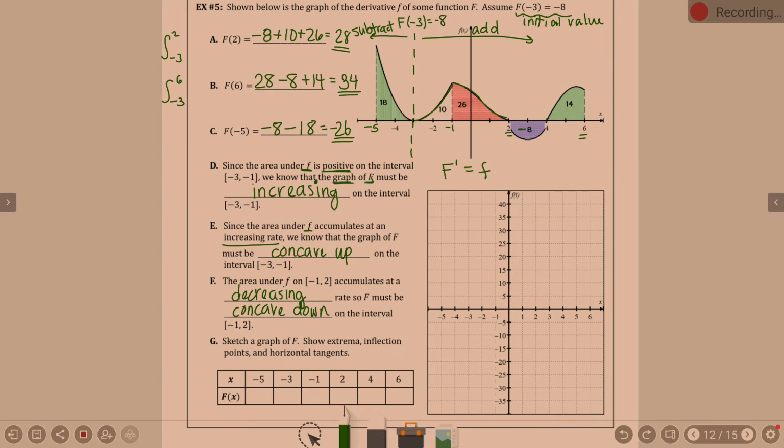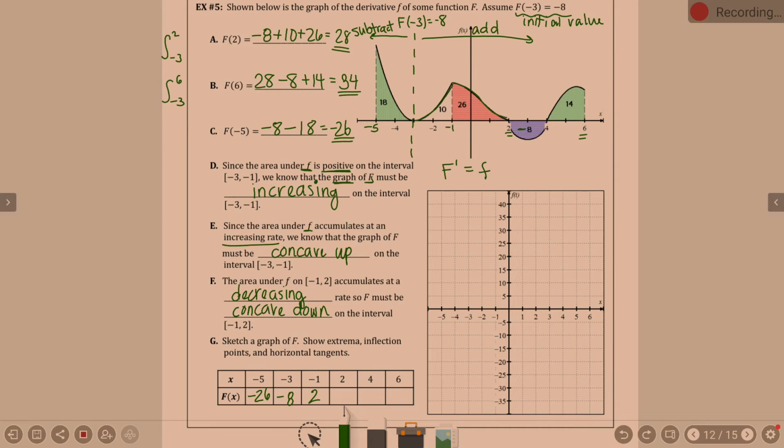Okay, so let's see. What did we have? At negative 5, we had a value of negative 26. We had that, right? At negative 3, that was our initial value of negative 8. At negative 1, we didn't do negative 1. Negative 1 would have been, you start at negative 8, you add 10.